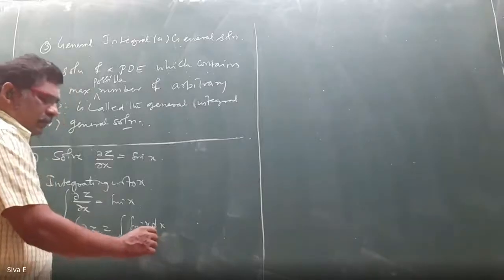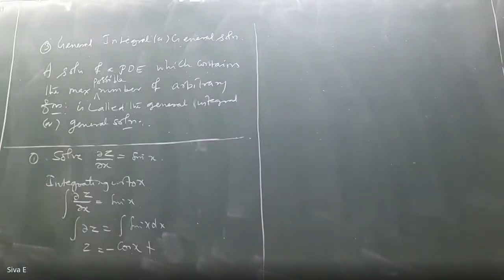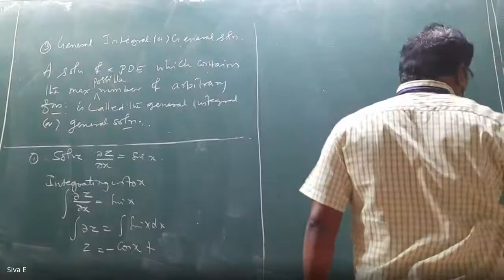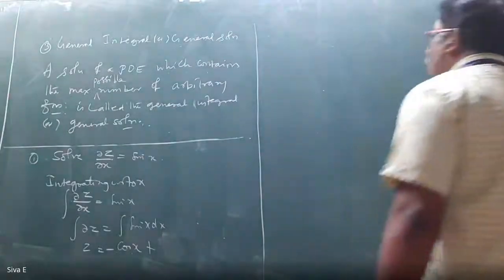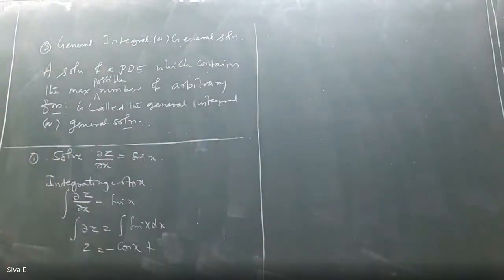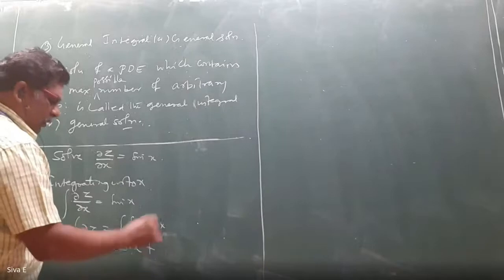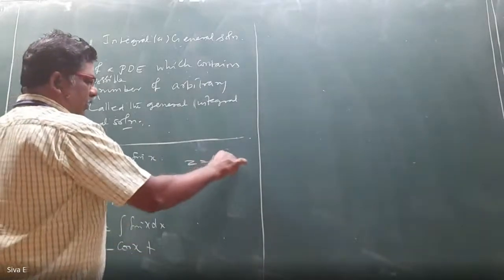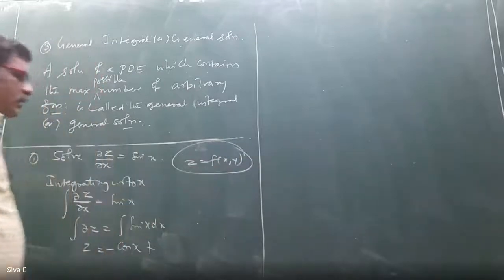Not able? Any others? Bhargavi, try. This is simple. Z is a function of x comma y. I will give the clue also.